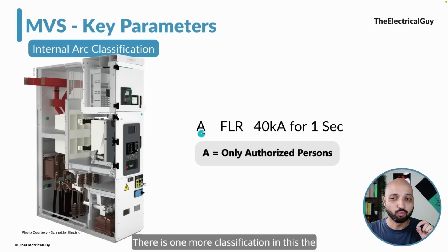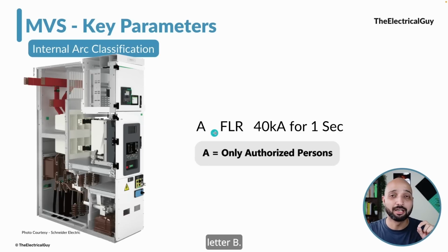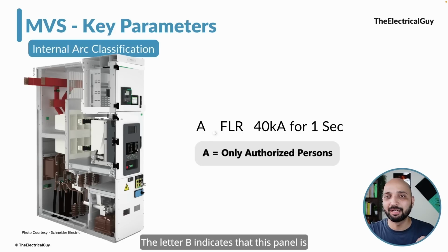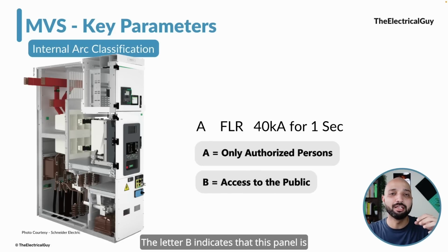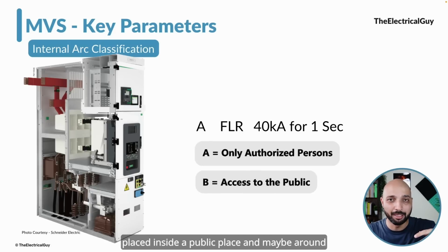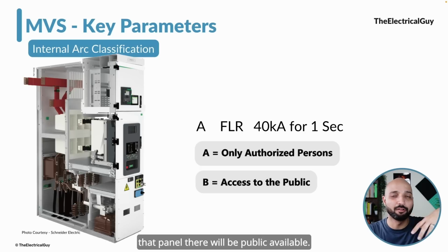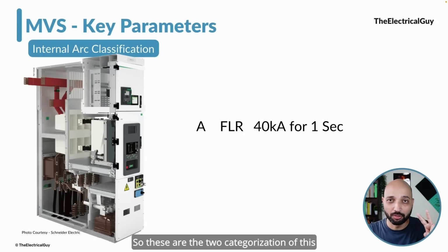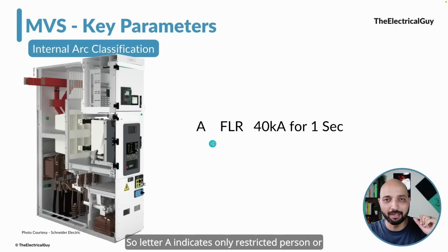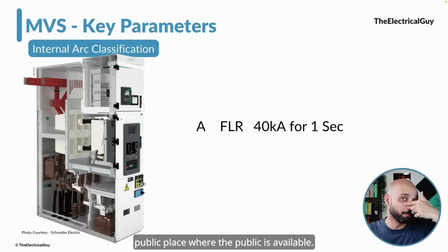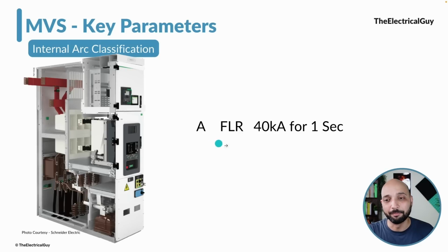Clear? There is one more classification in this, the letter B. The letter B indicates that this panel is placed inside a public place, and maybe around that panel there will be public available. So these are the two categorizations. Letter A indicates only restricted or authorized persons. Letter B indicates it's in the public place where the public is available.